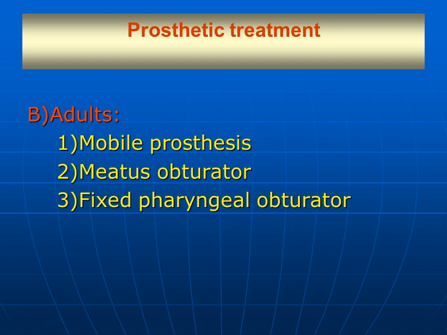In adults, we have 3 appliances. 2 of them are considered history, and they are not carried out nowadays, and the third one is the one we do, which is called the fixed pharyngeal obturator or speech aid prosthesis, while the mobile prosthesis or the meatus obturator are only history for appliances made for these cases.